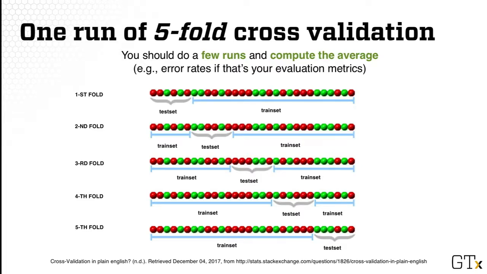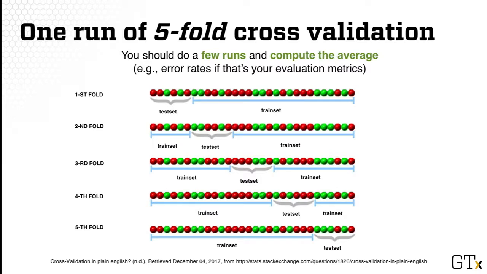We use 4 folds as the training data, which means we use these 4 parts to train or build our model to figure out its parameters. Once the model is built, we evaluate it on the test set, which is the remaining fold, and we get the accuracy for this fold.